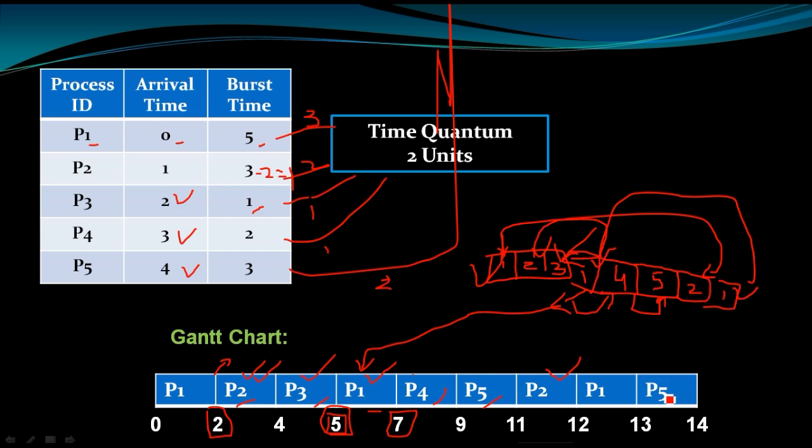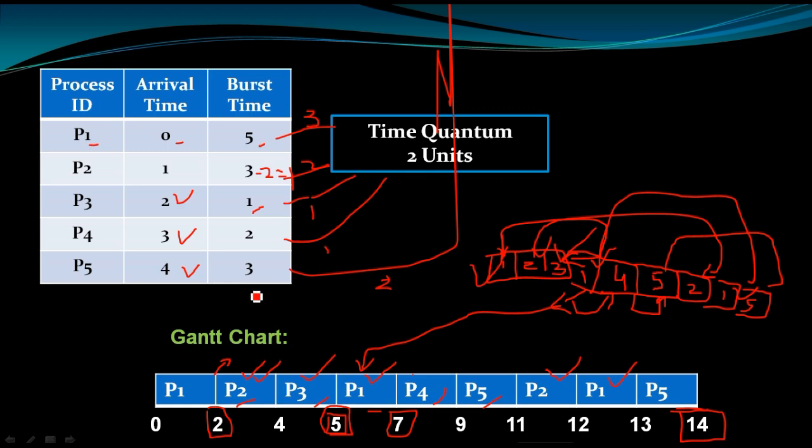Similarly, P5 also requires one more nanosecond, so it is put at the last. In this fashion we complete all the processes' burst times. At the 14th nanosecond all the processes complete: 5 plus 3 is 8, plus 1 is 9, plus 2 is 11, plus 3 is 14. So 14 nanoseconds is the completion time of all the processes.